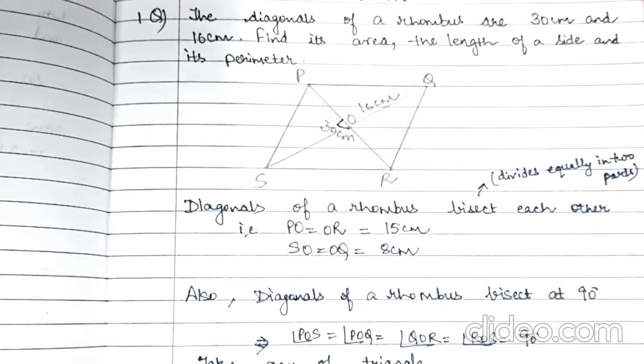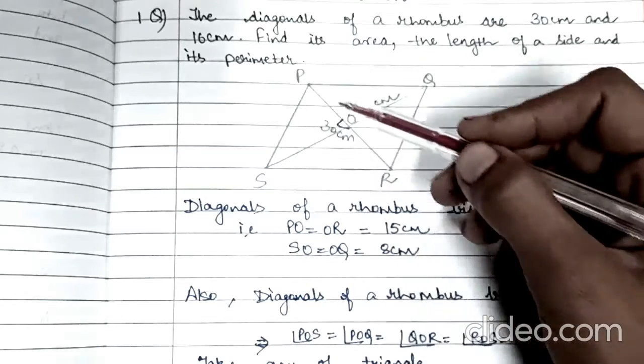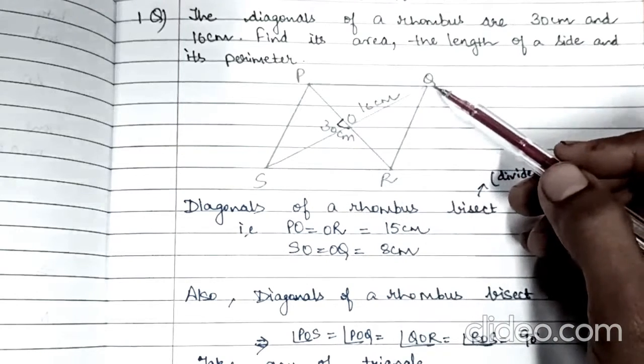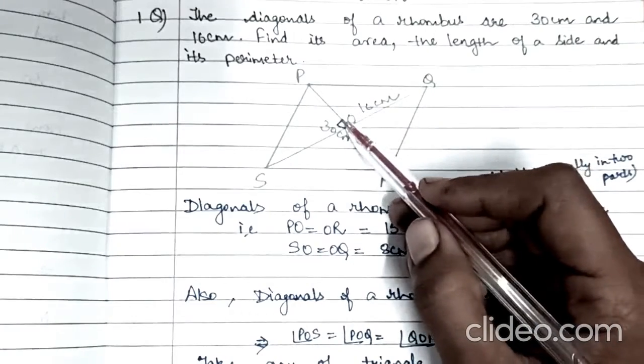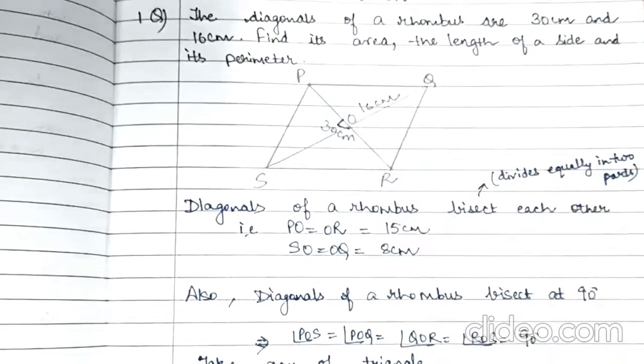First of all, you should keep in mind that the diagonals of a rhombus always bisect each other.